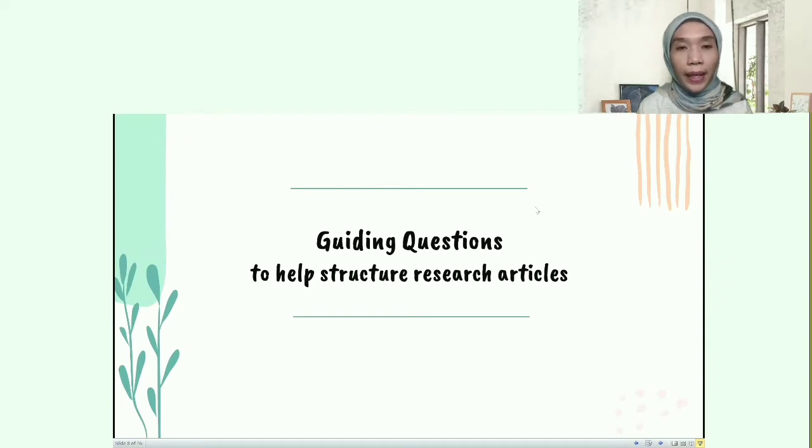Here, the easy way to construct or write each section is by trying to answer the guiding questions that help structure research articles. I adapted this from Work, and again this is really helpful.